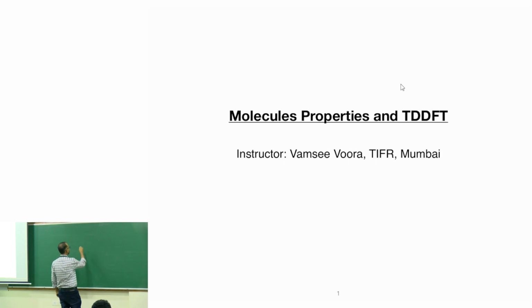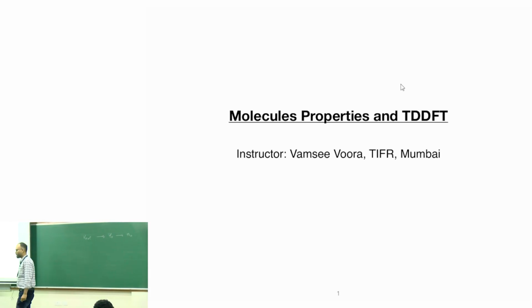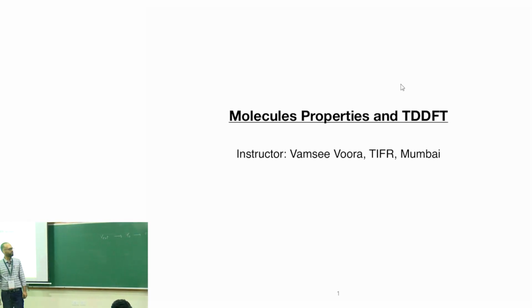If I have a potential, a potential uniquely determines your exact ground state wave function. We'll call it psi naught, and from psi naught we could get a ground state density as well, n0. And what do the Hohenberg-Kohn theorems tell us?